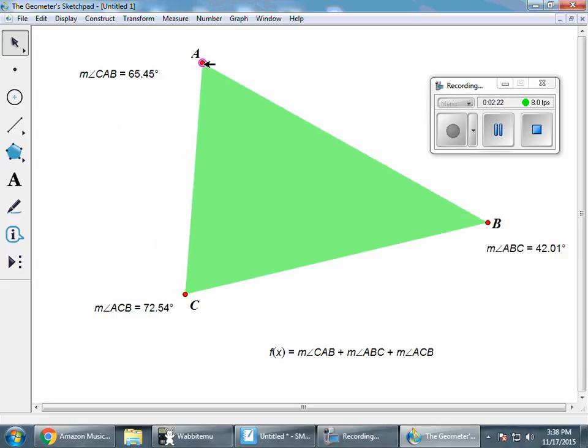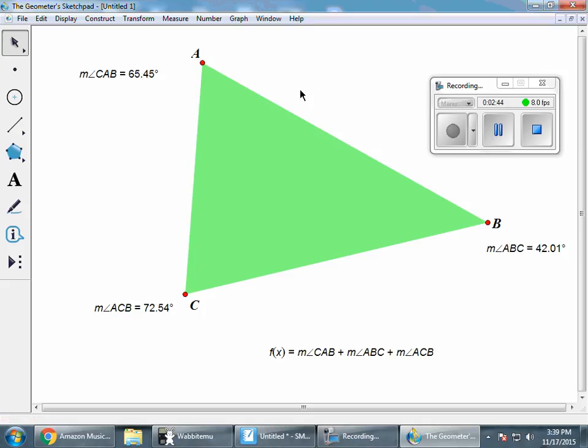Let's say right there, add up the measure of angle CAB plus the measure of angle ABC plus the measure of angle ACB. That's the three interior angles of this triangle, and see what you get. So stop the video and check that out.